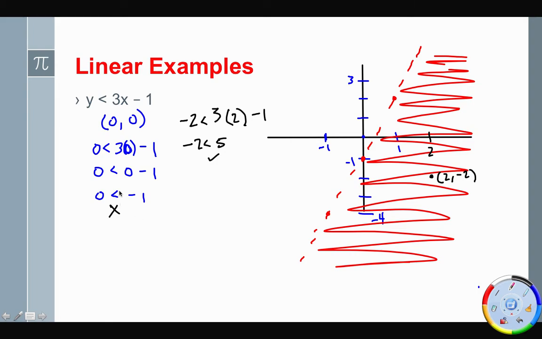So the left side is false, the right side is true. And you can test any one of the points that are in this shaded region, and it would always come out true. All right, let's try another one.